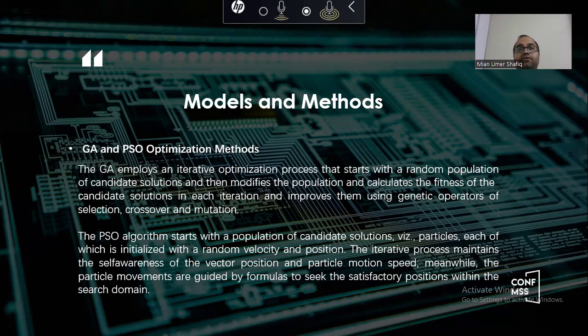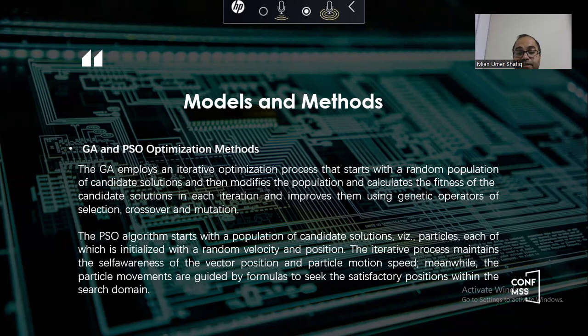On the other hand, PSO is known as particle swarm optimization. The particle swarm optimization algorithm starts with a population of candidate solutions as particles, each of which is initiated with a random velocity and position.